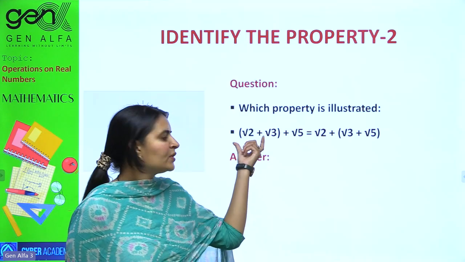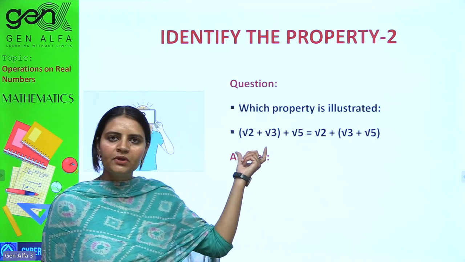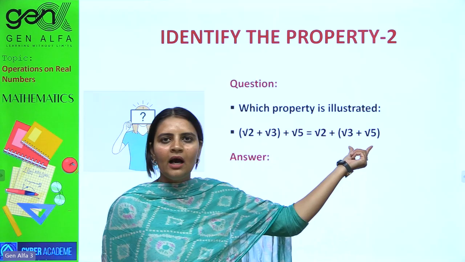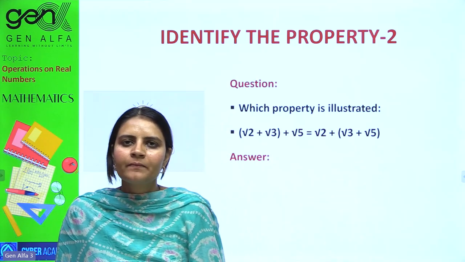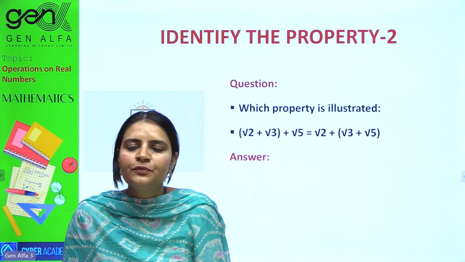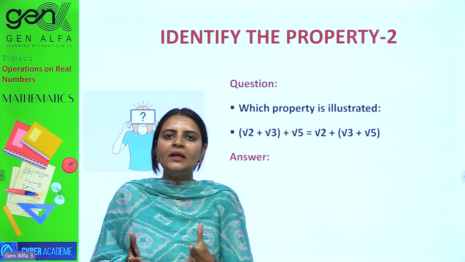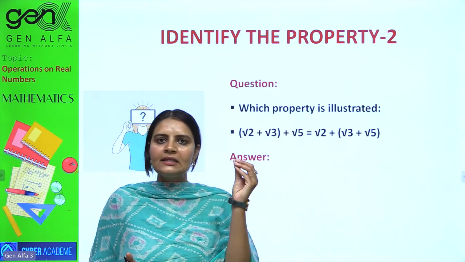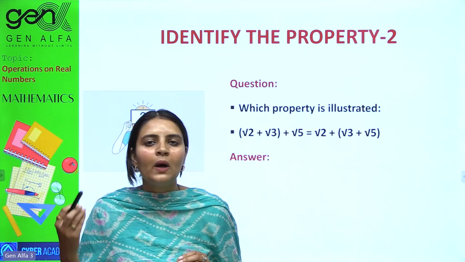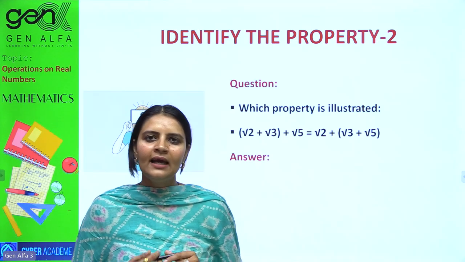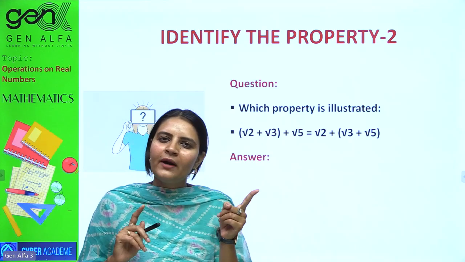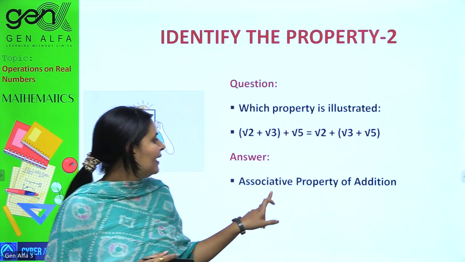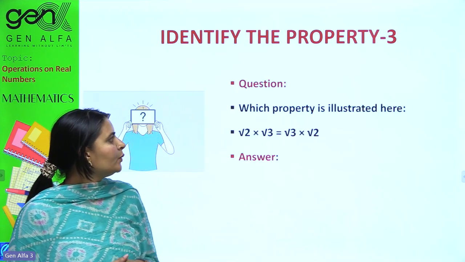Here the bracket is put on the first two numbers. Here the bracket is put on the last two numbers. So which property is it? Associative property we are talking about. Grouping property we are talking about. When brackets came, it's related to associativity. A, B, alphabetical order, associative, brackets. Associative property of addition, was it?